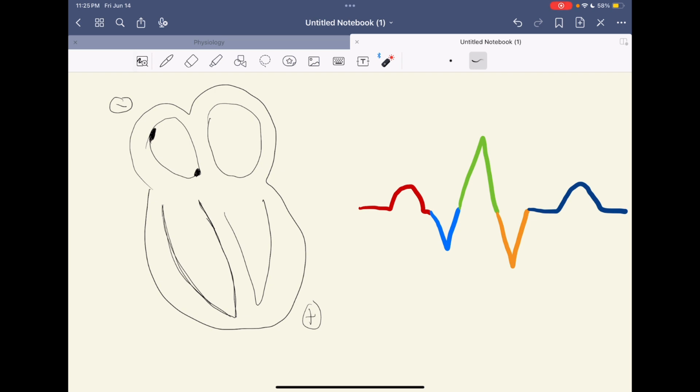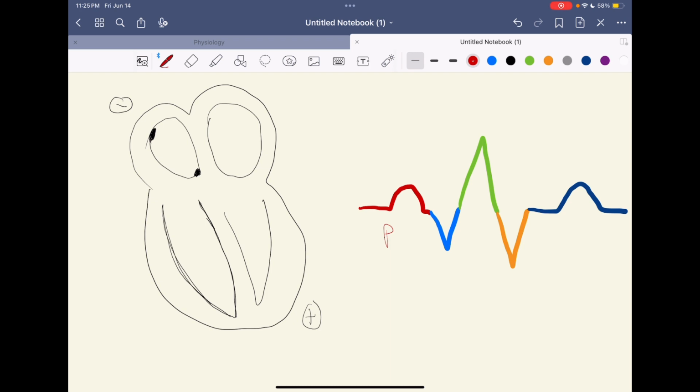An EKG is taken by placing leads all over people's bodies to find the electrical impulse, but on the heart they place the negative lead here, right next to the right atrium, and at the left ventricle they place the positive lead. So this first wave here is the P wave. The P wave is the depolarization of the atrium at the SA node.